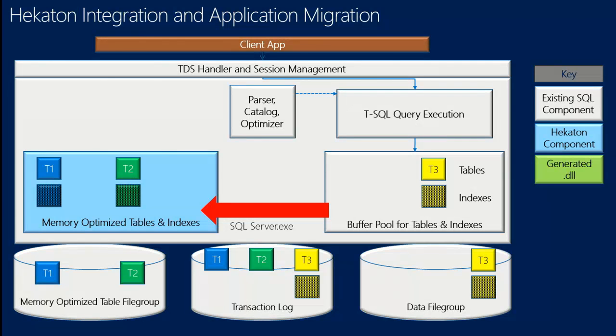Unlike disk-based tables where data stays on disk and is only fetched when you access it, when you start the OLTP engine with in-memory technology, you have to load the data. When the data is loaded, we build the index on the fly. So we only have the metadata for the index, but it is not persisted on the disk.